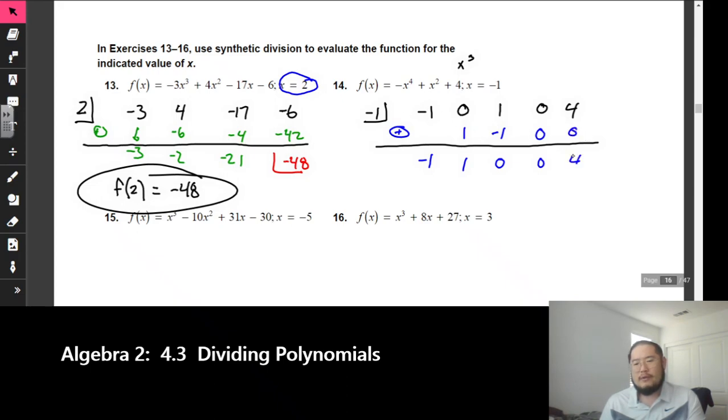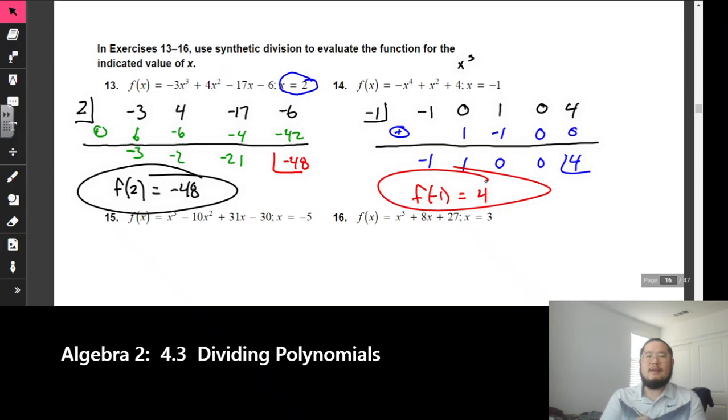And we're left with 4 right here. So what that's telling me is that when you plug in -1 into the equation, you will be left with 4. And now you know how to use synthetic division to evaluate a function. And also divide and use long division. That right there is section 4.3.